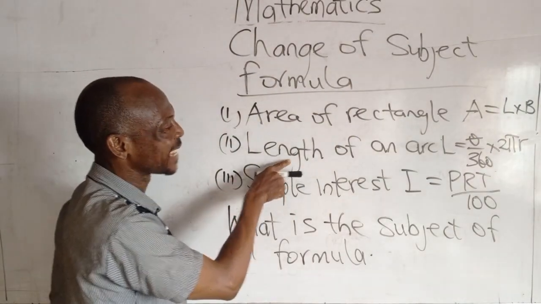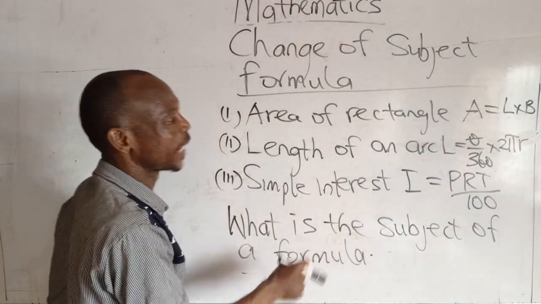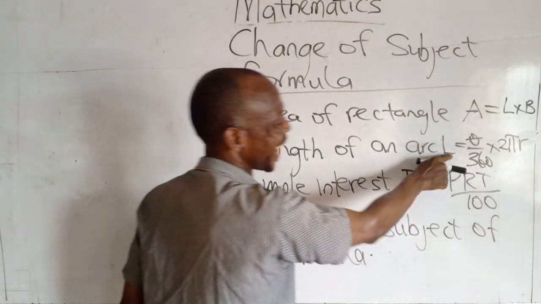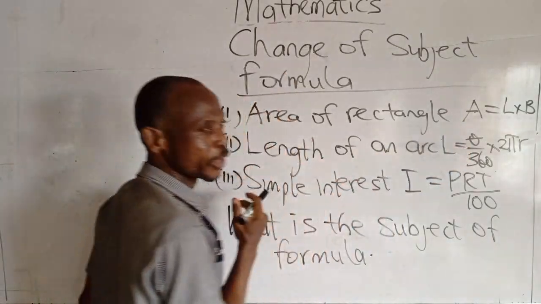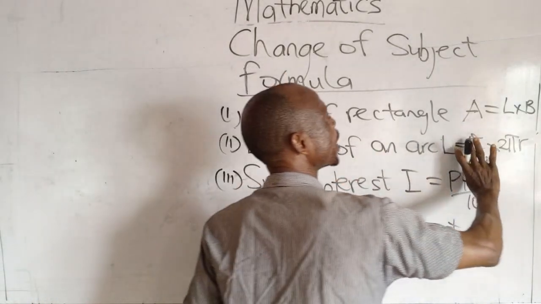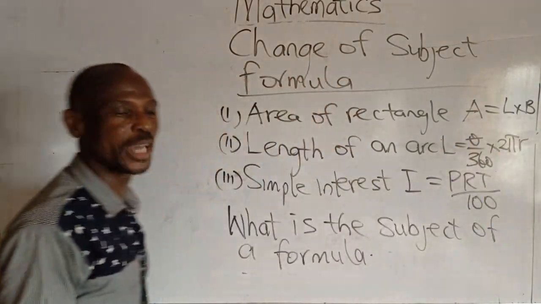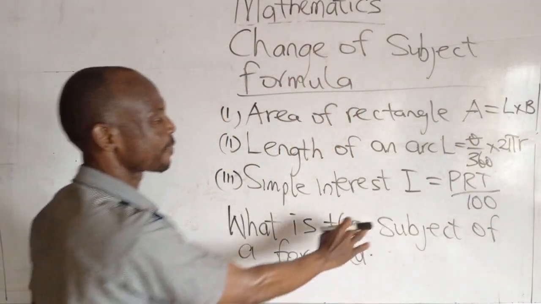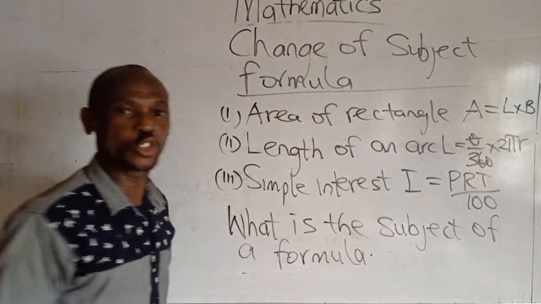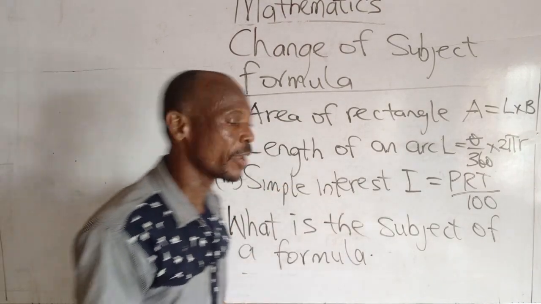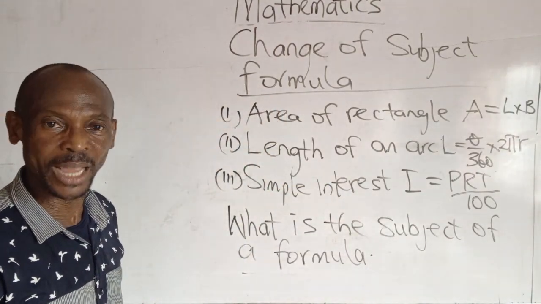In our formula for the length of an arc, the subject of the formula is L. L is standing alone on one side of the equation, while every other letter, symbol and numbers, they stand on the other side. And in our formula for simple interest, I is the subject of the formula.